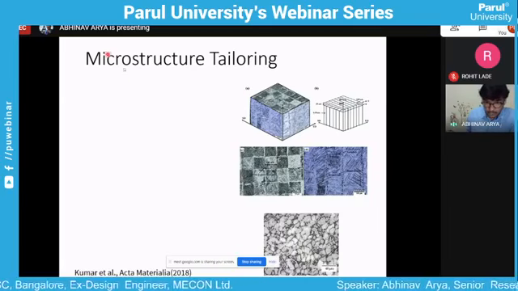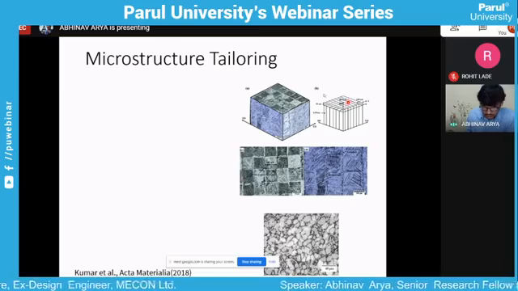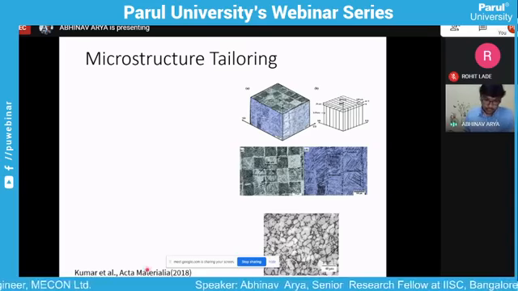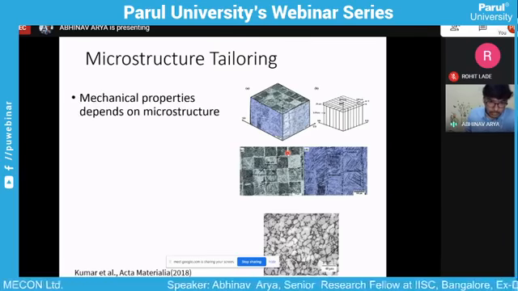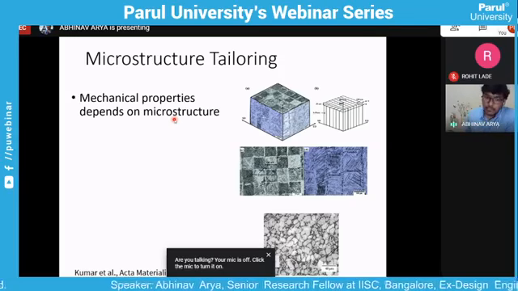So let's talk about microstructure tailoring. These images I have taken from a paper by Kumar et al., my colleague, in Acta Materialia. We know that mechanical properties depend on microstructure.